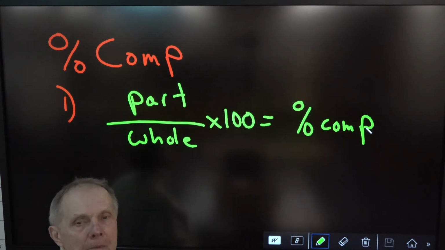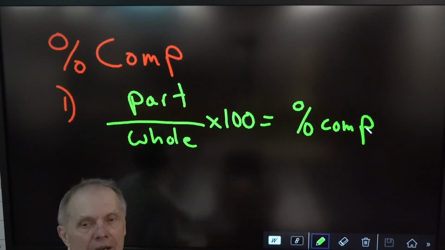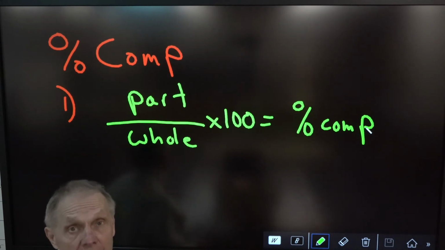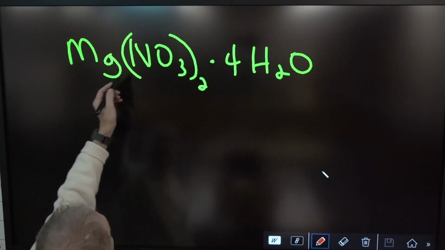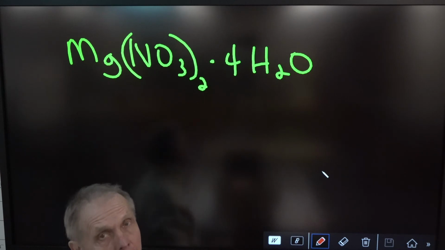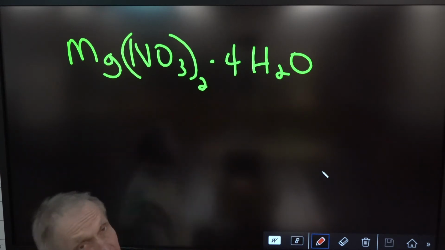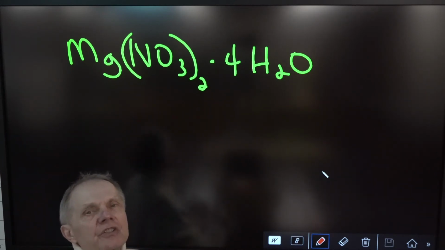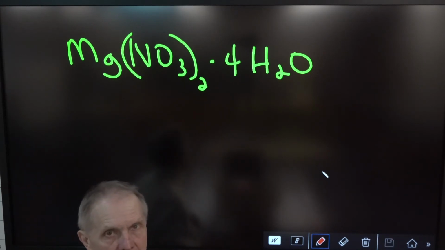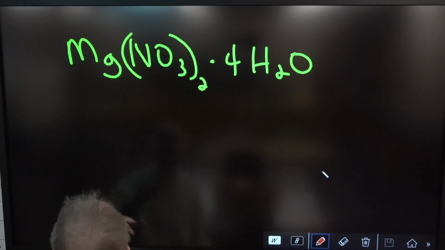So, I'm just going to do one of these problems, and it's going to be a difficult one. This is Mg(NO3)2 4H2O. Since this contains water, it's considered a hydrate. So, here's the question.